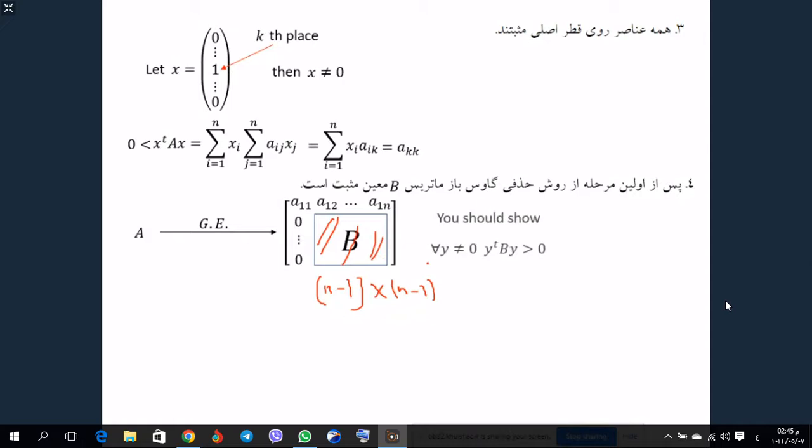Now we say B is positive definite again. That is, you should show that for all non-zero vectors y in R to the n minus 1, y transpose By is greater than 0. That means B is positive definite again.